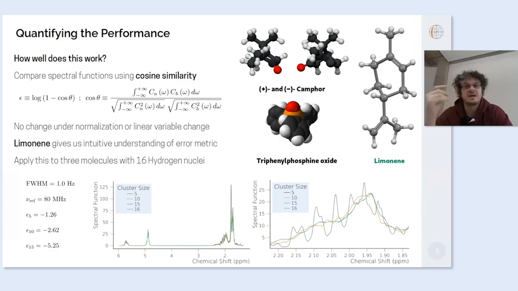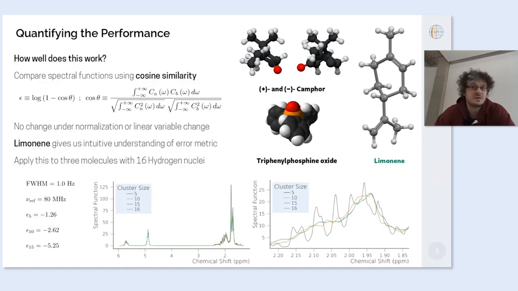And so to get an intuitive idea for what this metric actually means, we can look at the spectrum of limonene shown here, which is a molecule with 16 hydrogen nuclei. At a reference frequency of 80 megahertz and a broadening of 1 hertz, we see how the approximation at cluster sizes of 5, 10, and 15 compare with the exact calculation at 16 spins.